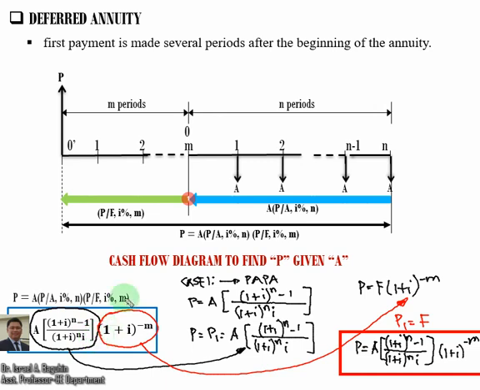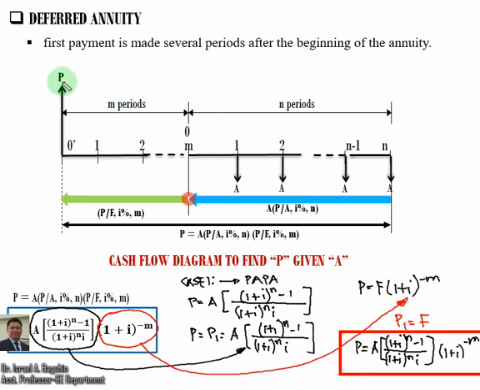We can really understand that in order to get the value of your principal amount P at this zero prime period, you need to first calculate P1, considering the n periods using the annuity. Then, when you consider the m periods, you just use the basic formula F = P(1 + i)^m, since our period there is m.